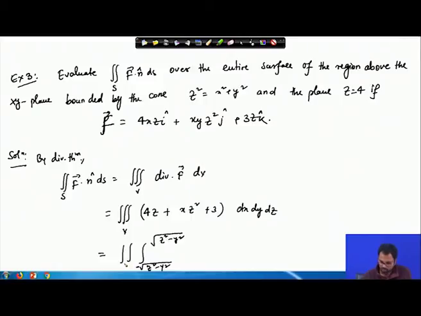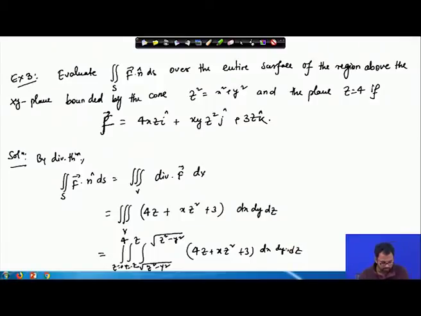Then for y, when x is 0, it is minus z to plus z, and z is 0 to 4. So, this will be 4z plus xz square plus 3 dx dy dz.